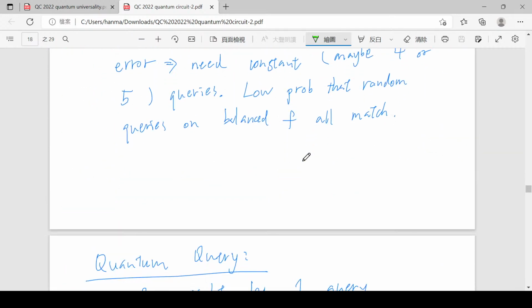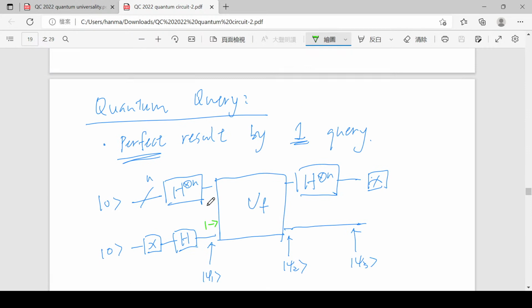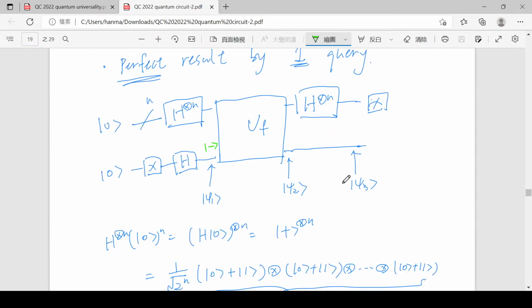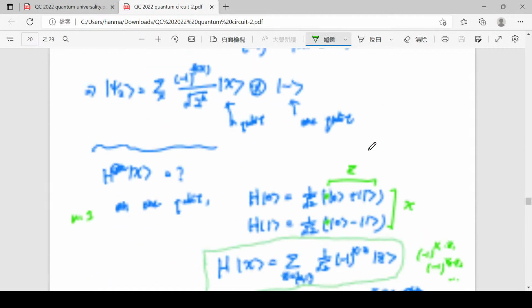Deutsch-Jozsa, okay, let's scroll this, it's annoying. The Deutsch-Jozsa algorithm generalizes the input to several qubits, and you still solve this with one query, although you need to do some classical post-processing.